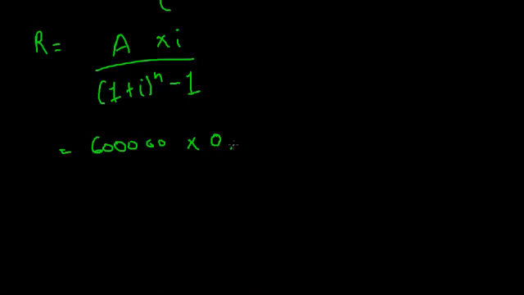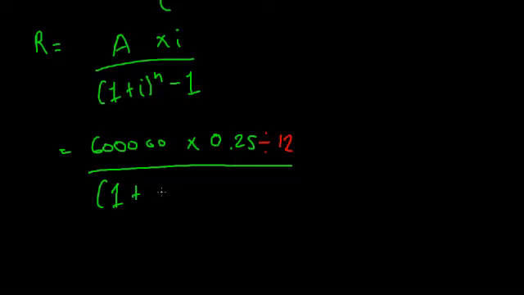So this is actually 0.25 divided by 12. And this is all over 1 plus 0.25 divided by 12, to the power of n times 12, because there are 12 months in every year.